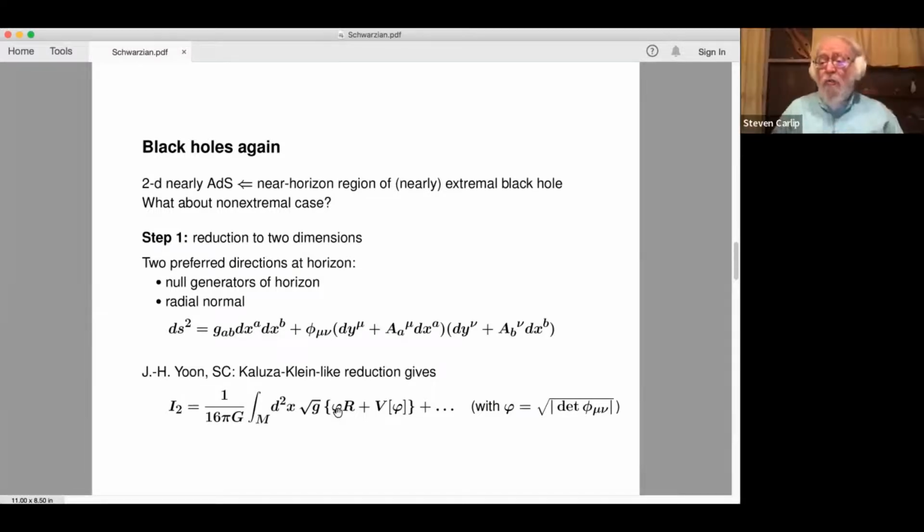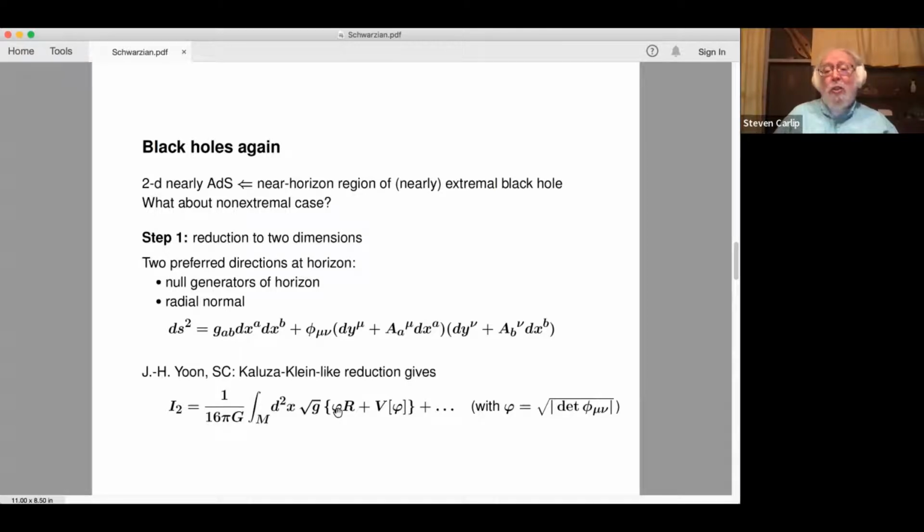The specific form of the potential depends on the details of the theory that you're dimensionally reducing. So for example, for the Schwarzschild black hole, V is just 1 over square root of phi. For the near extremal black hole, V is just a constant times phi.